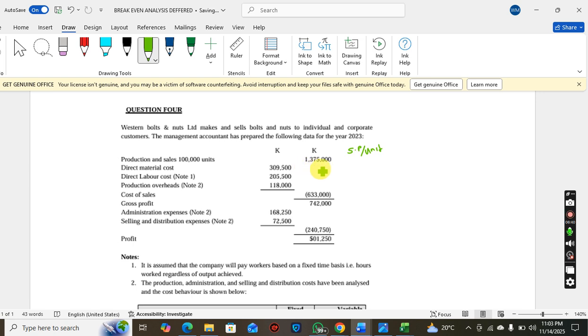This was how much we made after we sold these 100,000 units. So to get our selling price per unit, total sales revenue divided by number of units.